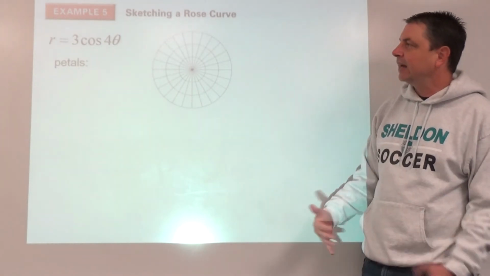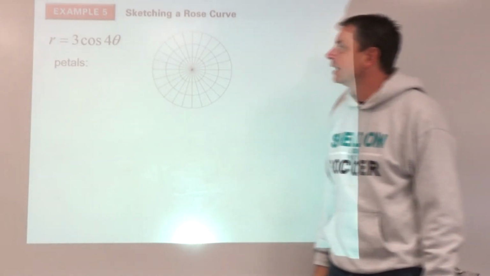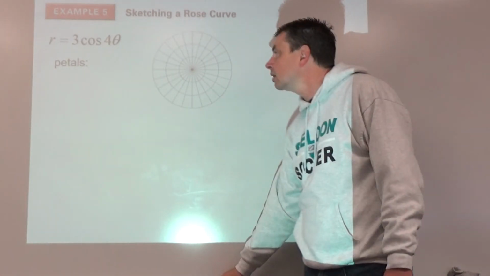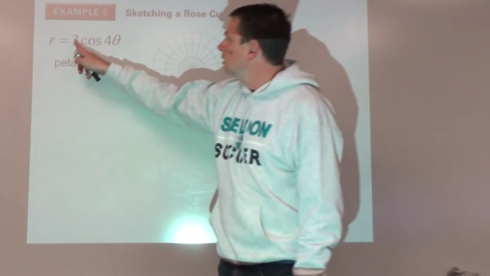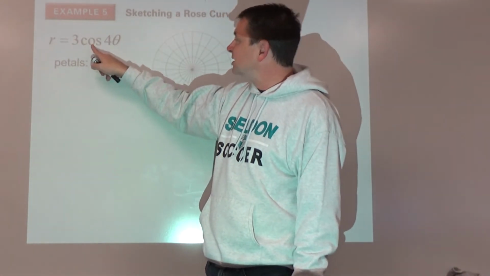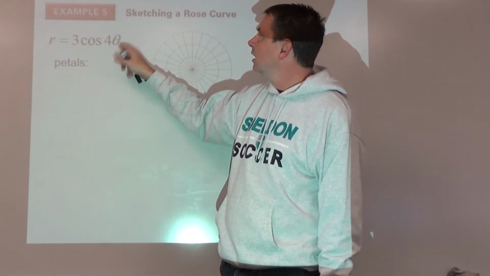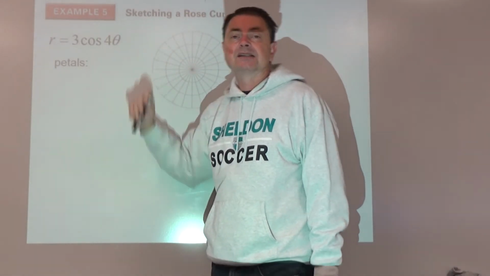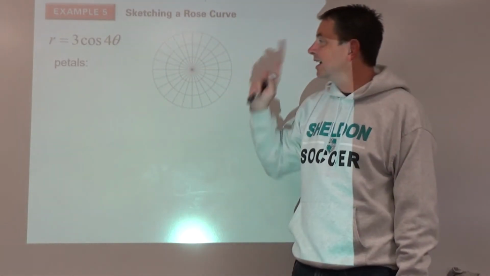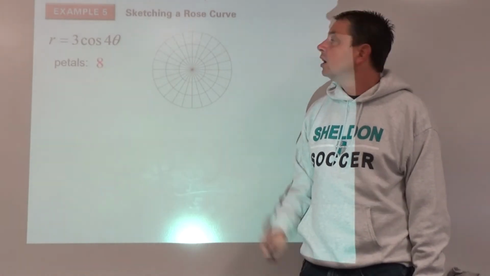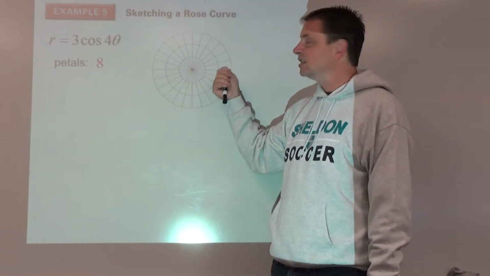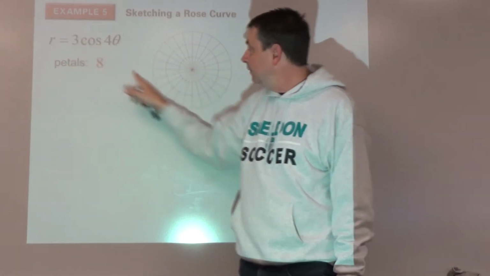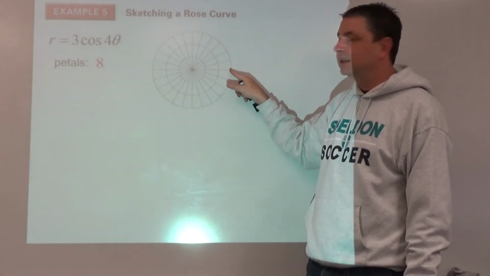So now that we have that information, let's see if we can sketch some curves. We see r equals a cosine n theta. We know this is a rose curve. The n value is even, so we double it to say that it's going to have 8 petals. Cosine is going to have one of its petals on the x-axis, 3 away, so 1, 2, 3, the tip here.